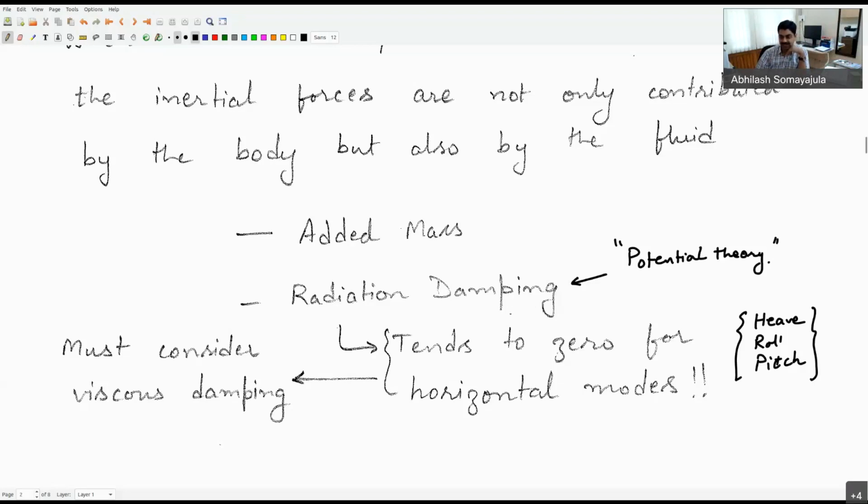But the same can't be said for the higher frequency sea-keeping modes in heave, roll, and pitch. In that case, many times you may want to neglect the viscous damping because the radiation damping is pretty large. But when the radiation damping is particularly low, you might be more interested in capturing the viscous damping in the dynamics so that the response amplitudes you observe have some semblance of matching what happens in reality.